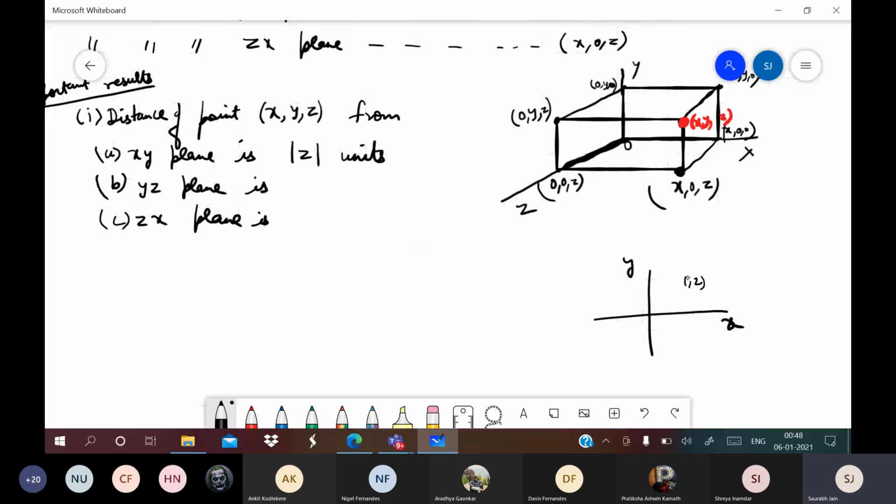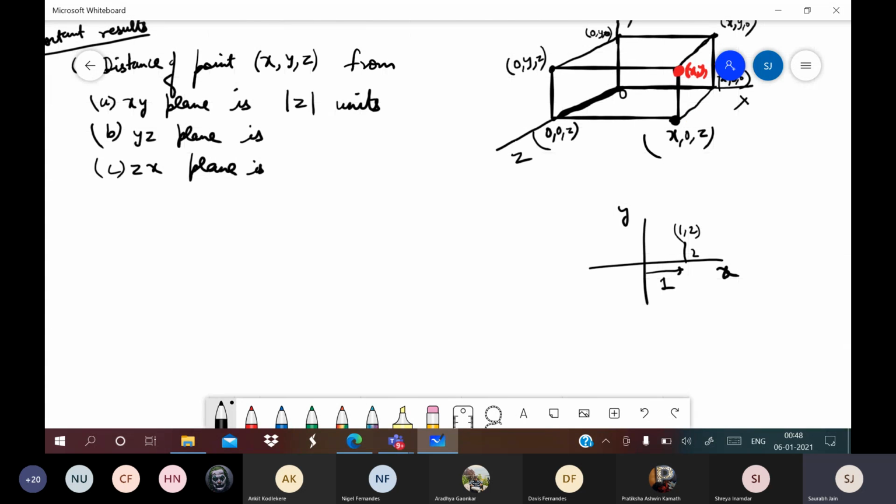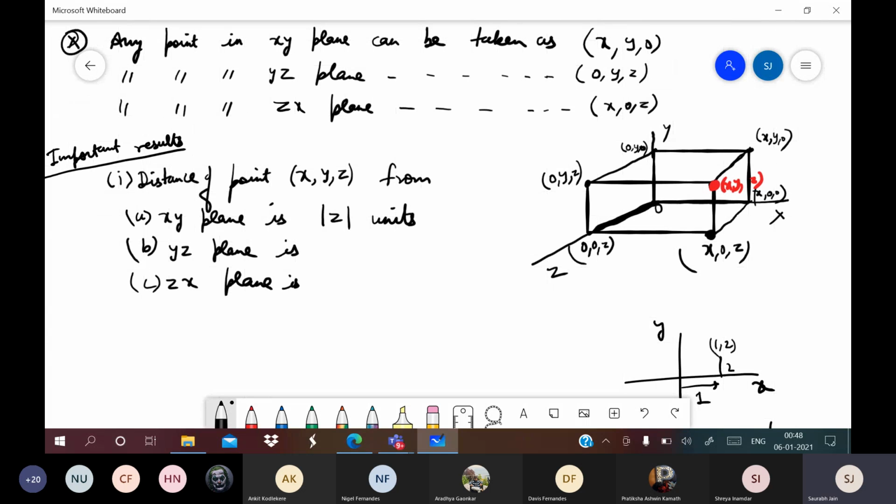If I take point as 1, 2, I say this distance is 1 and this distance is 2. Okay, fine. But if I take point here, will you say that this distance is -1 and this distance is 2? It will be wrong, no? You cannot say -1. Distances are positive, right? Coordinates can be any. Distances are positive.